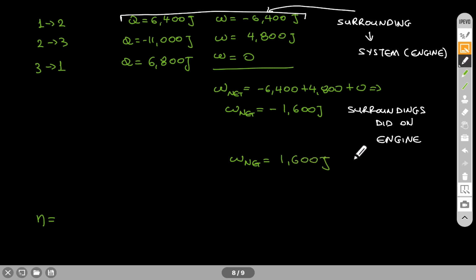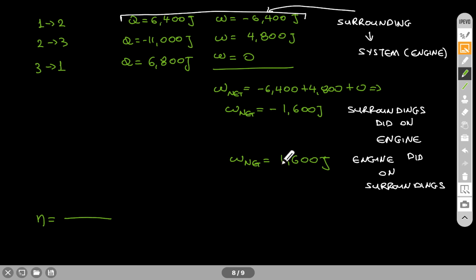This is the work that the engine did on the surroundings. This is what I got from the energy conservation principle, but this is what I need to use when I calculate efficiency.